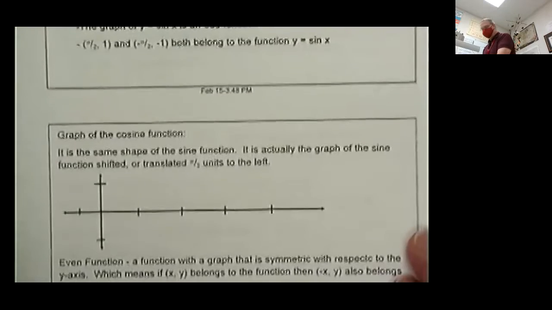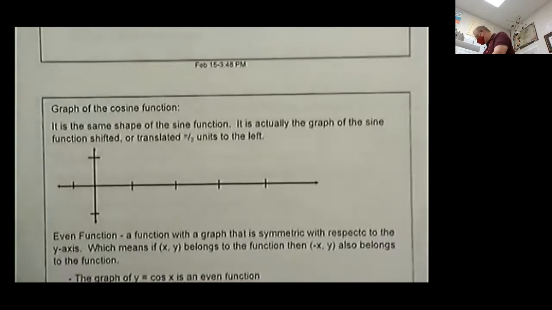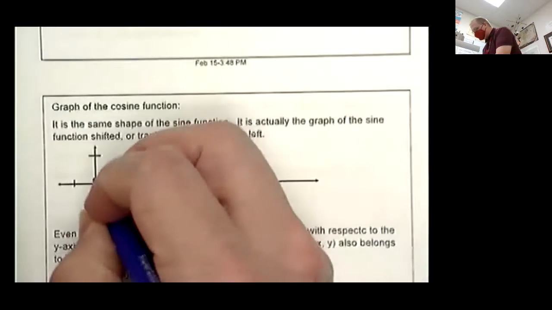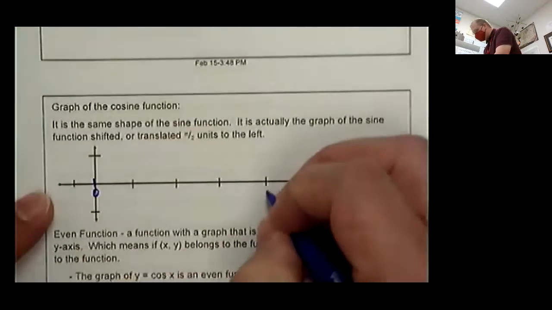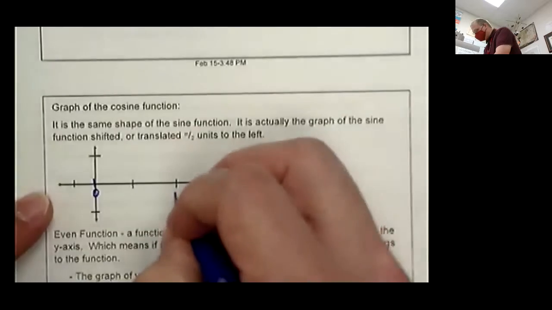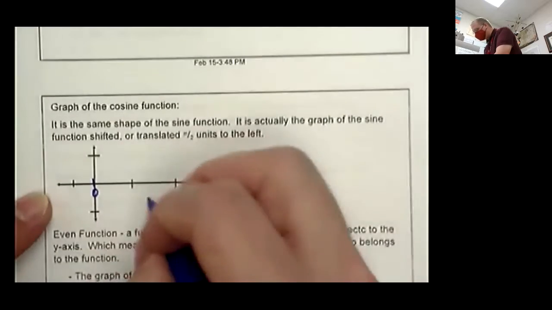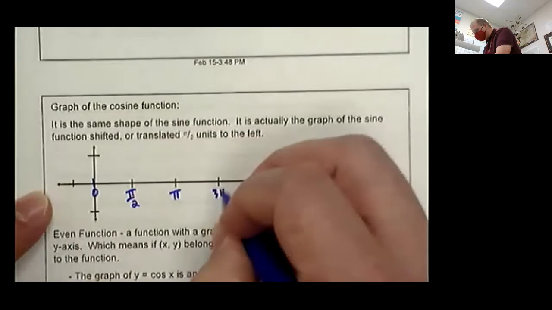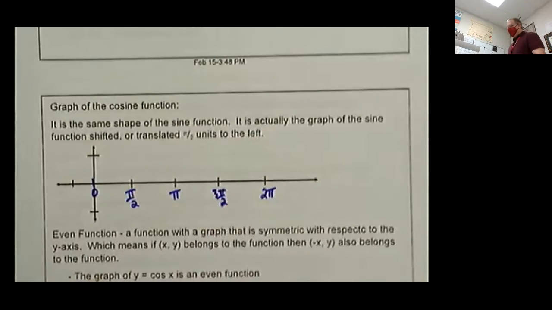Well, what about cosine? We'll do the same thing for cosine. Cosine also has a period of 2 pi. So we're going to sketch starting at 0 and end at 2 pi. Halfway between is pi, and then halfway between those, our quarter points, are pi halves and 3 pi halves. We're going to do the same thing, except with cosine. Remember, cosine is the horizontal value.